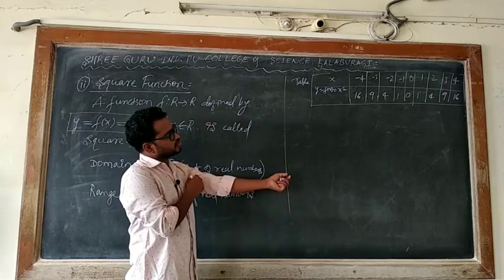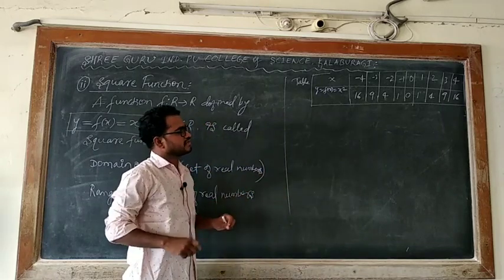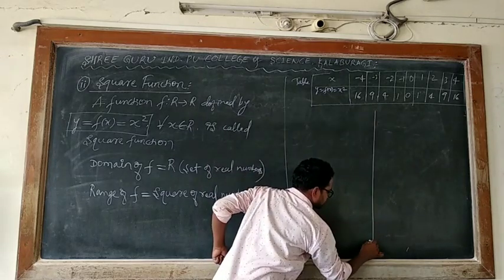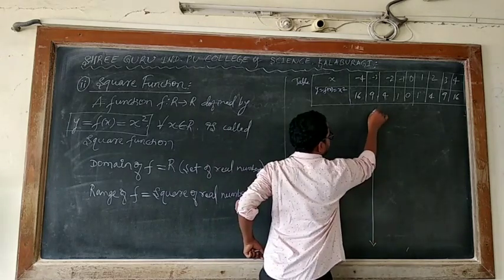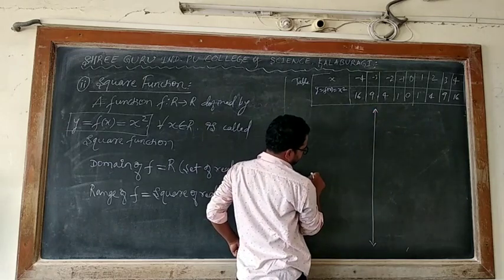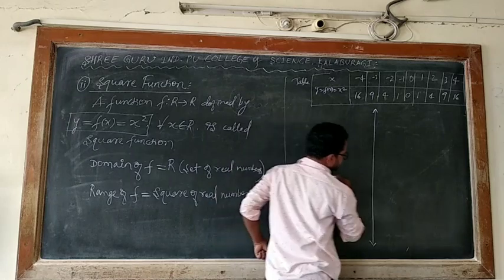Now the y values are more and the x values are fewer, so I will take a graph like this. I will draw it roughly, but while drawing yourself you can draw very neatly.